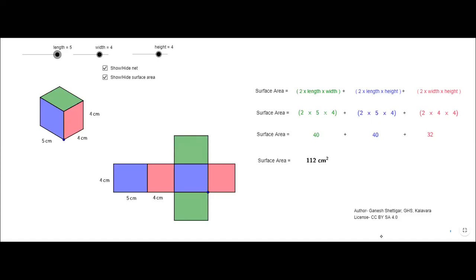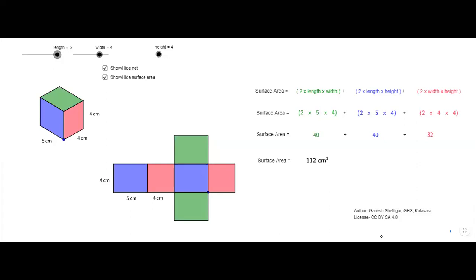But here, out of six faces, three faces have different areas. These three faces also have three more faces, each equal to one of them, like blue equal to blue, green equal to green, and this color equal to this.